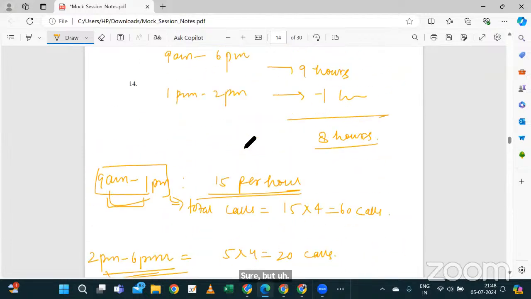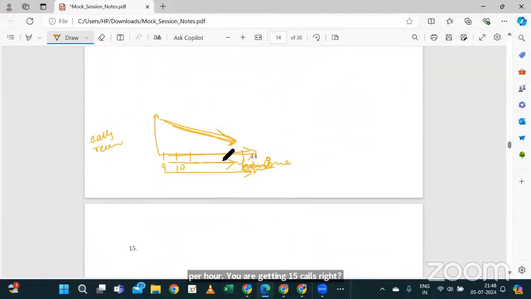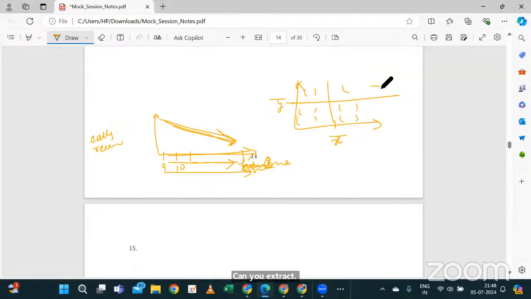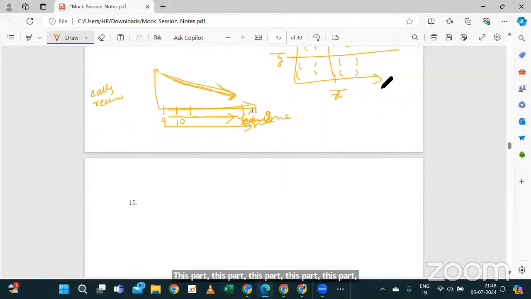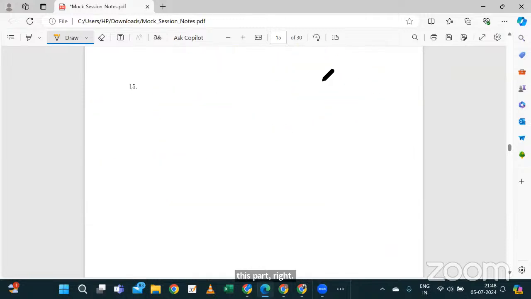See, what is this? 15 calls per hour, right? That means per hour you are getting 15 calls, right? You can plot the average also simply. Suppose this is the X bar, this is the Y bar. So a very basic idea, right?